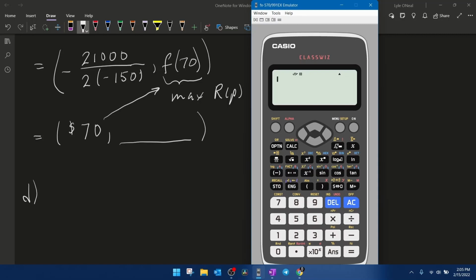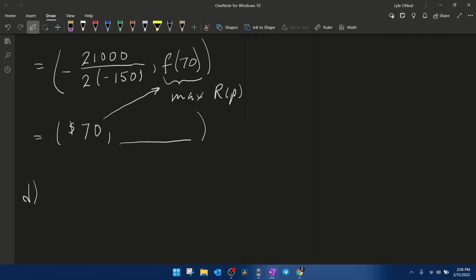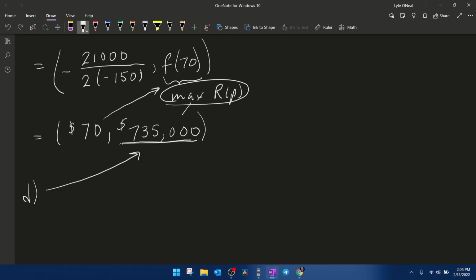Now the function was 21,000 p minus 150 p squared. That's plugging in 70 into the revenue function, giving us $735,000 as our maximum revenue. So the answer for D, right there, that is our maximum revenue.